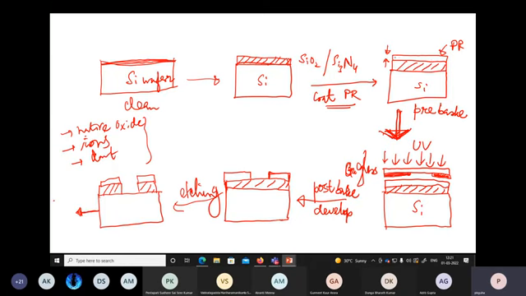And as I said, you should optimize your layer thickness of the photoresist by the rotation speed and time of your spinner. Once you get a thin layer of photoresist, you pre-bake it, say around 90 degrees centigrade or so in an oven, bring it out, then you put it on the exposer.